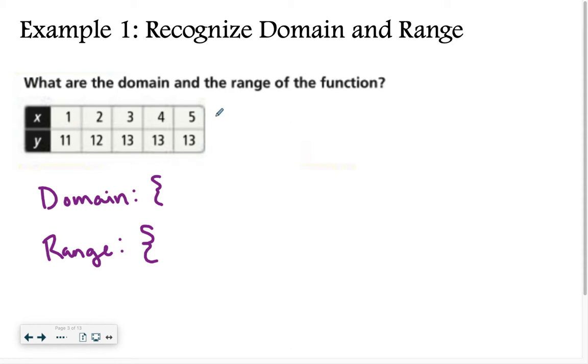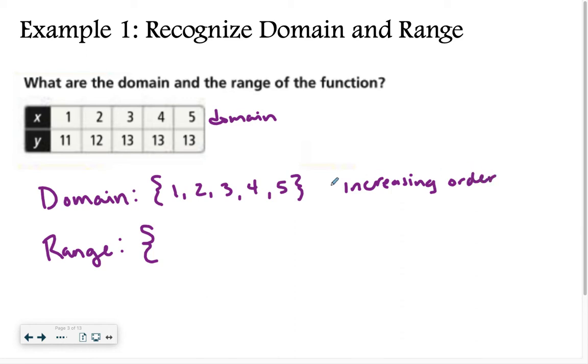Okay, so the domain, remember, is always your x values. So I'm going to list 1, 2, 3, 4, and 5. One thing to note is you always list your domain in increasing order.